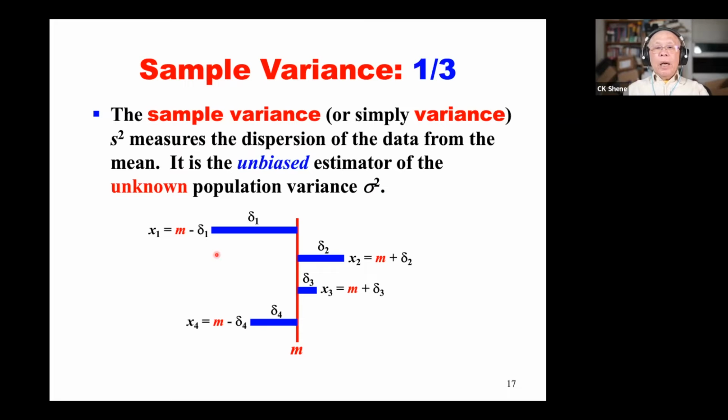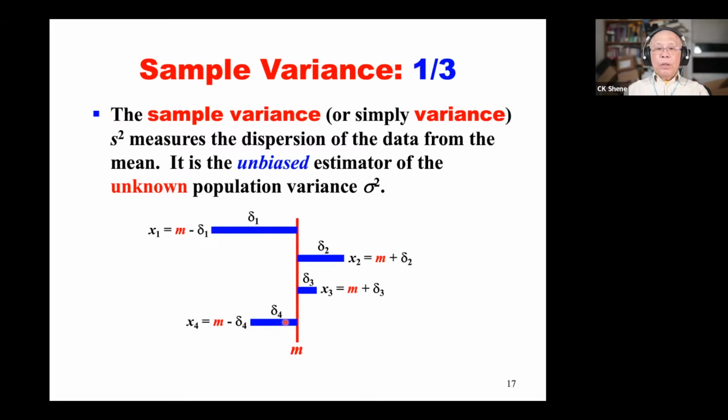X1 is calculated by the mean value minus this dispersion value, delta 1. It means X1 is less than the mean by this amount. X2 is larger than the mean by delta 2. X3 is larger than the mean by this value. X4 is less than the mean by this value.